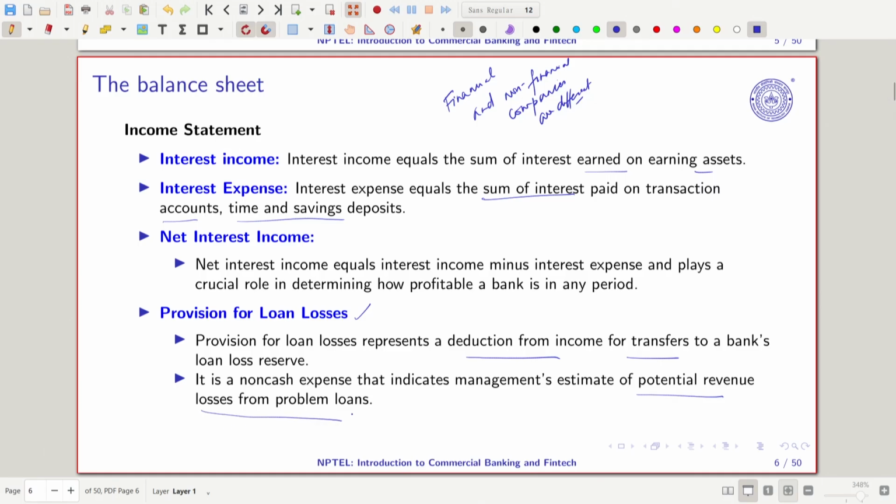So there will be some kind of provision. This is the provision for loan losses, the potential losses from default on loans. The problem loans I have written about are basically defaults on loans.